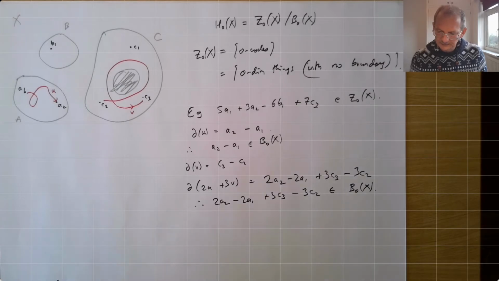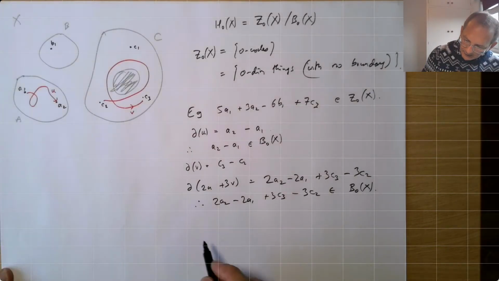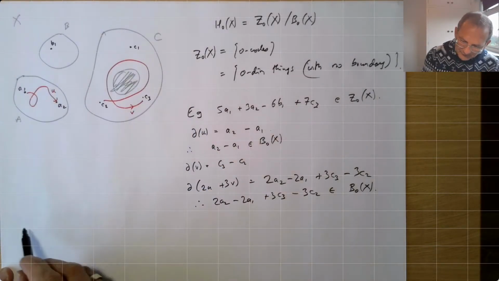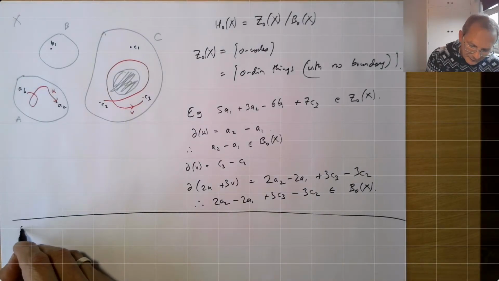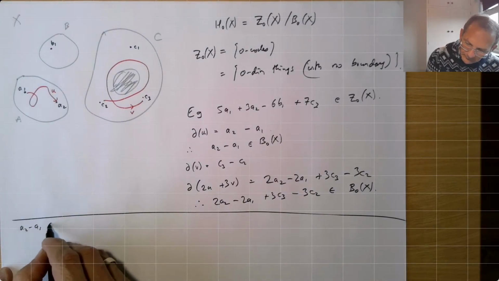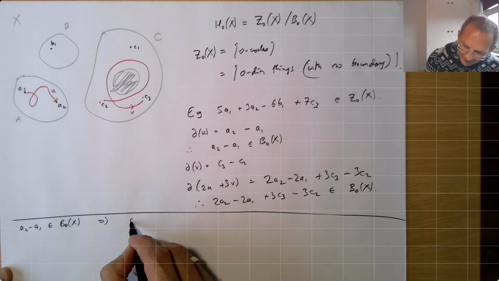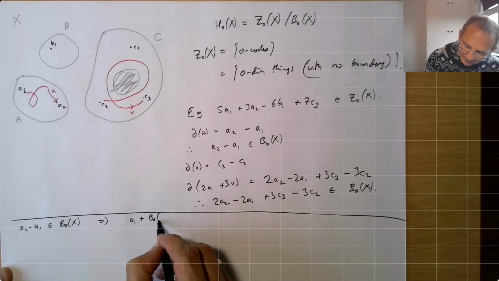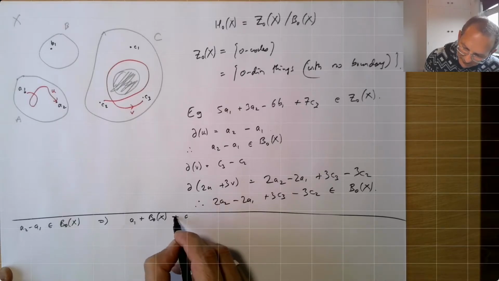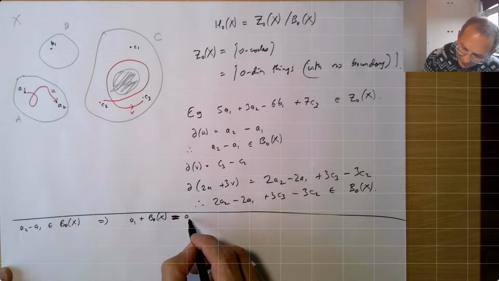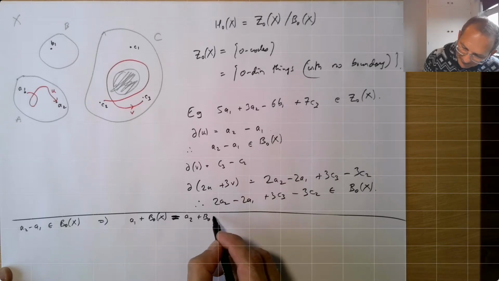Okay, so because of the fact that A2 minus A1 is in B0X, that implies that the coset A1 plus B0X is the same coset as A2 plus B0X.